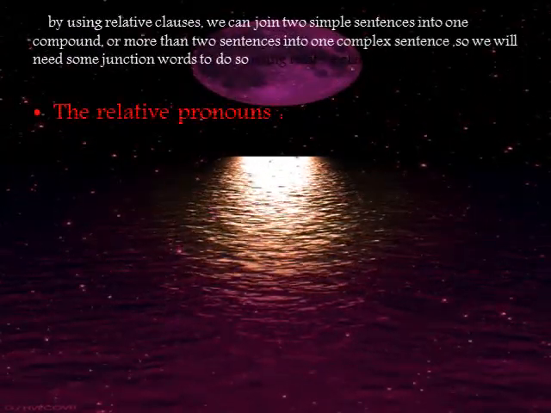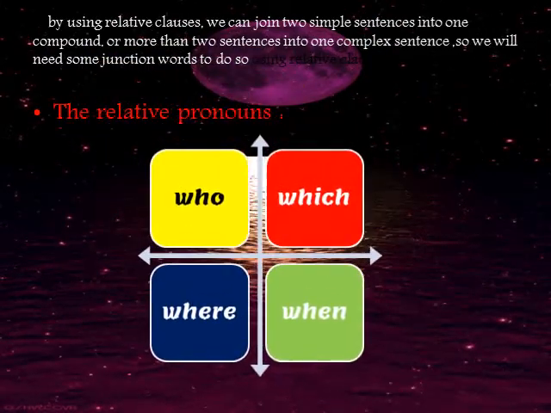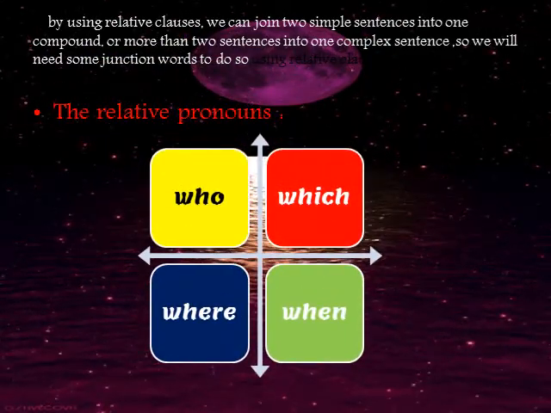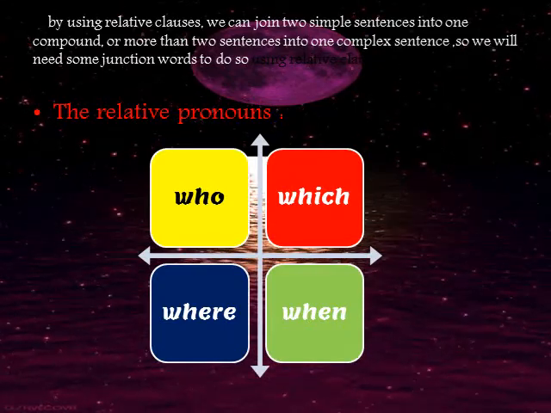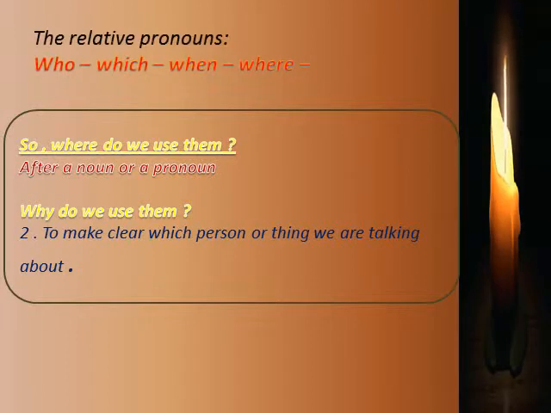We call this junction word the relative pronoun, and they are who, which, where, and when. The relative pronouns who, which, when, and where. So, where do we use them?